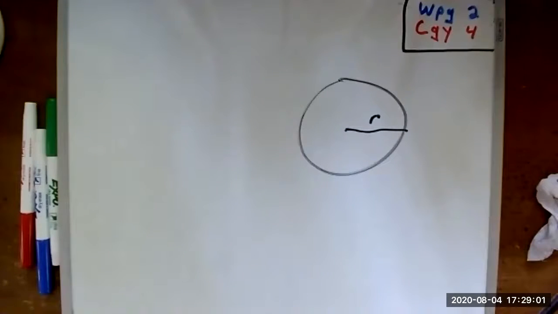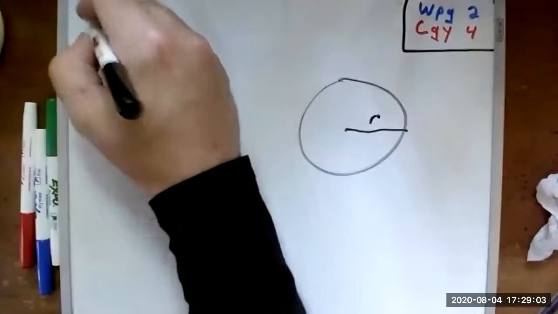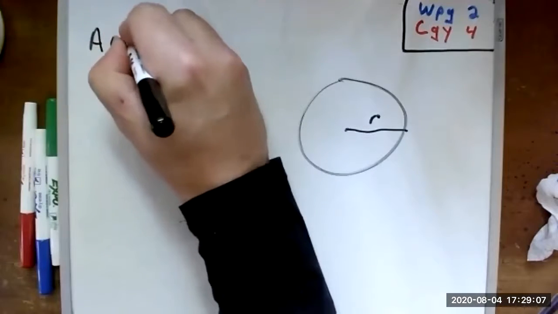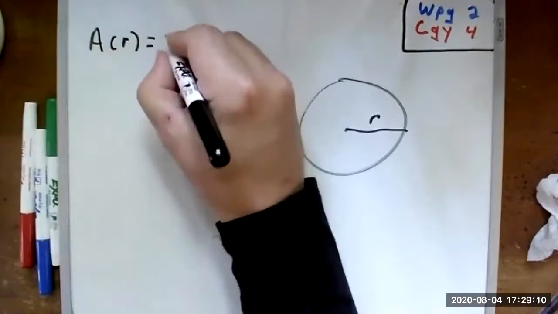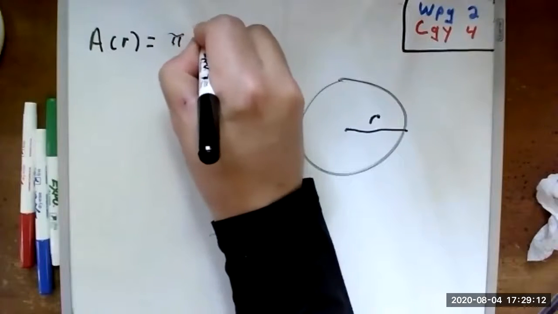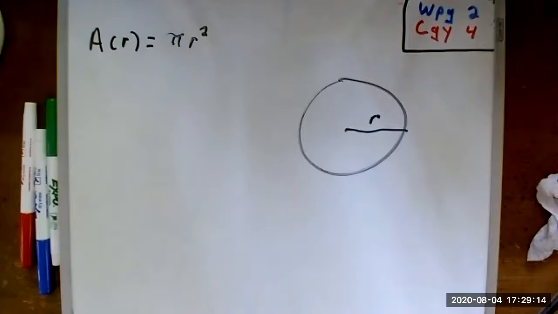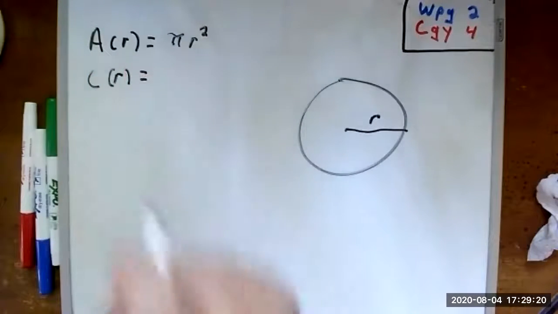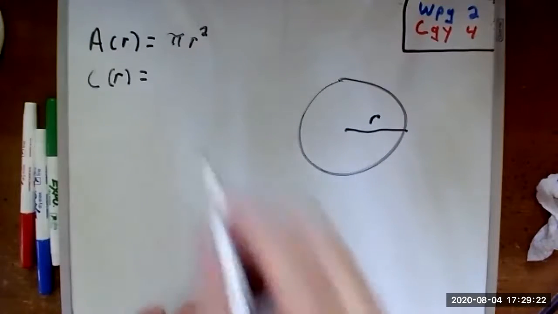Let's say we have a circle. There's the radius. I know that the formula for the area of a circle with regards to the radius is simply pi r squared.